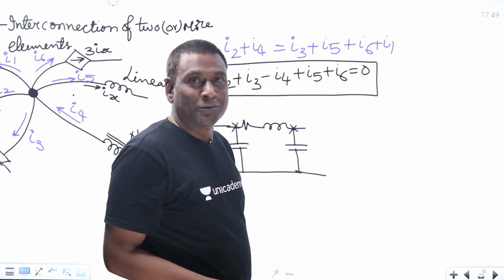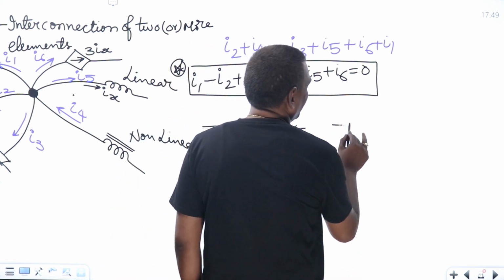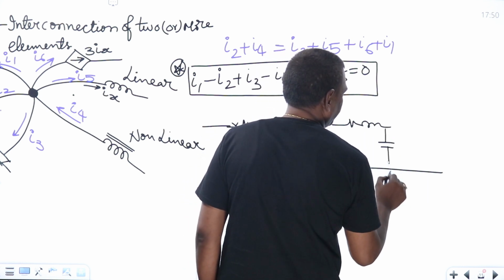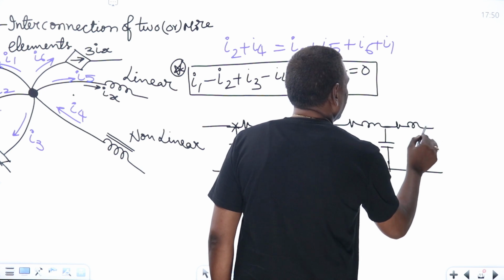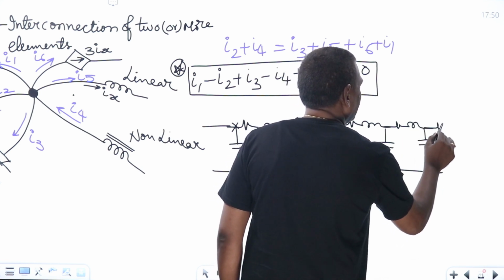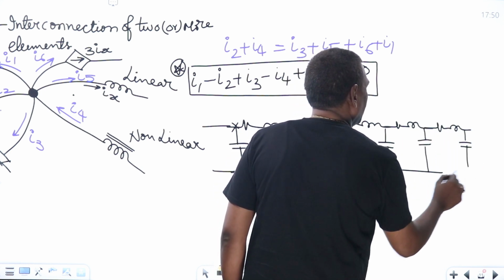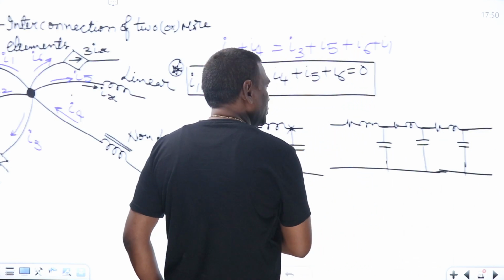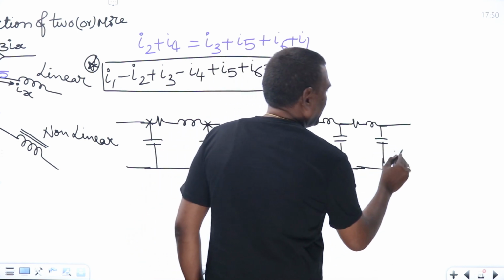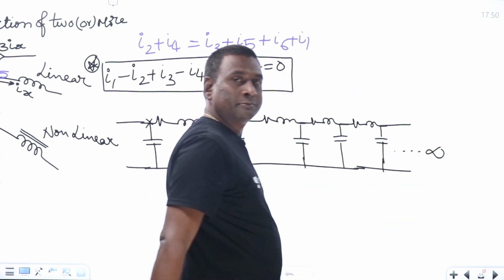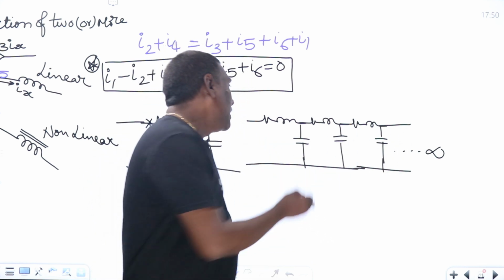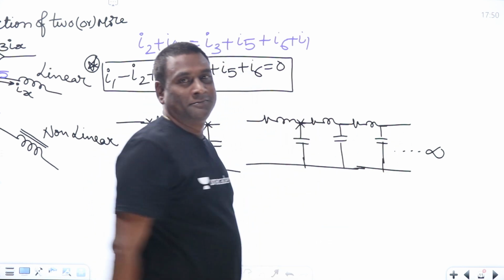But I don't know how to use it. Kind of, if I have resistance, inductance, capacitance, so this is going to be infinitesimal, right? So this will be extended to infinite. Distributed parameter model. So the moment it is a distributed parameter model, how to identify the node is a problem.